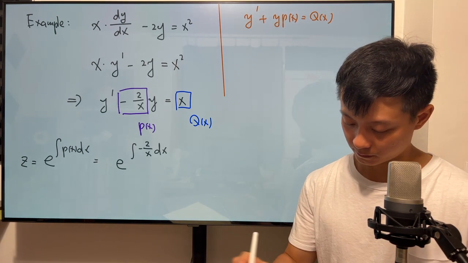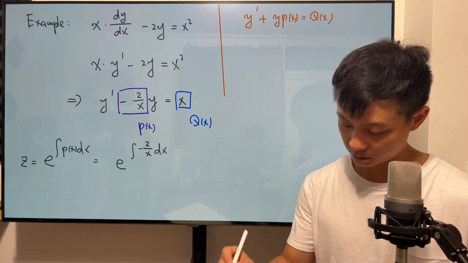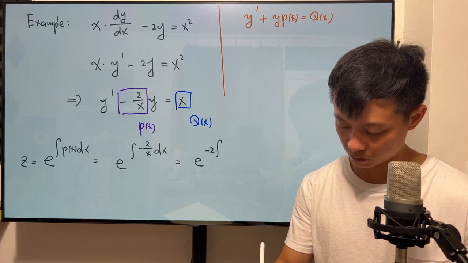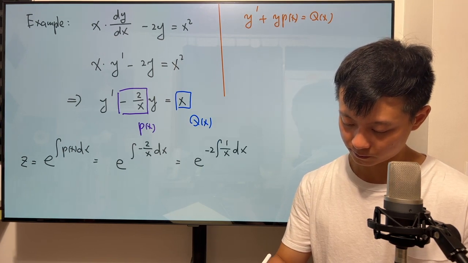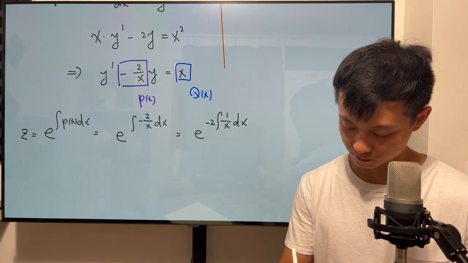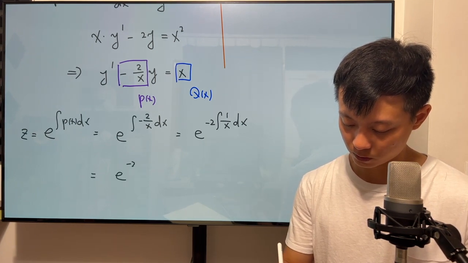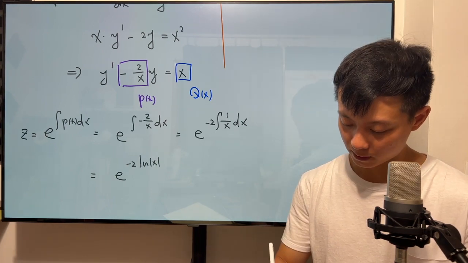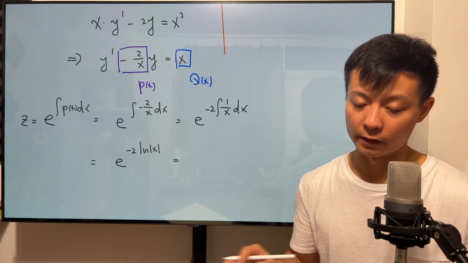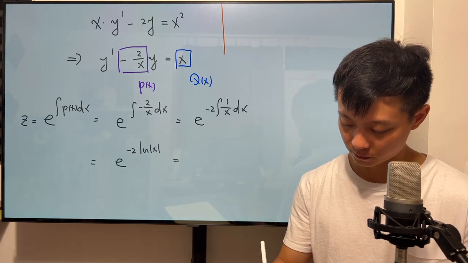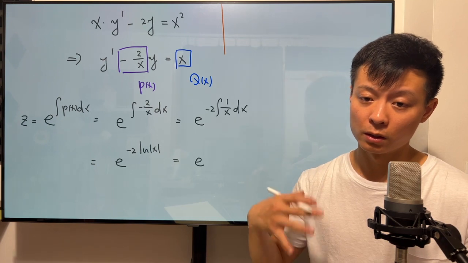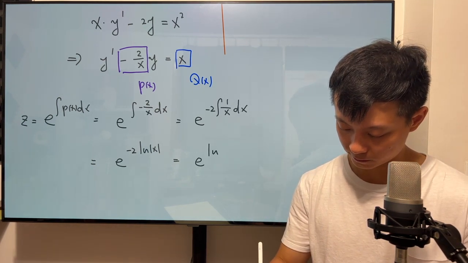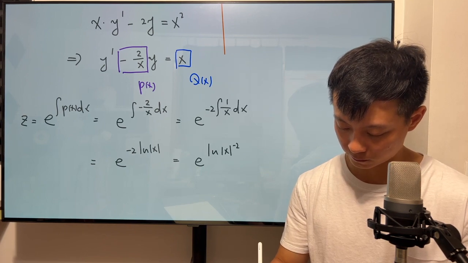And then by the formula, this is going to be e to the negative 2 times the integral of 1 over x dx, which is e to the negative 2 ln absolute value of x. And then because of the rule of the logarithmic function, we can put that negative 2 to the exponent of the argument, which is ln x to the negative 2.